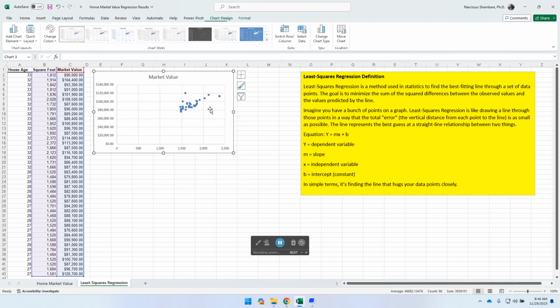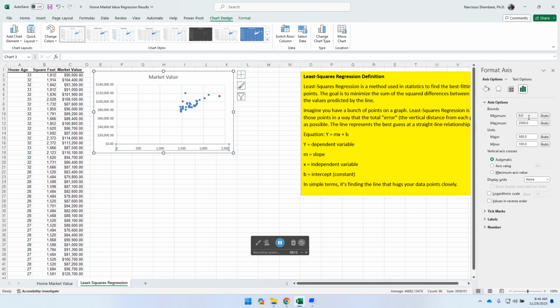All right, so we can see here already that we do have some data points, and then we can clean up a little bit. Here we can see that the square footage does not start until about maybe 1,400, so we can go ahead and change the minimum to 1,400.